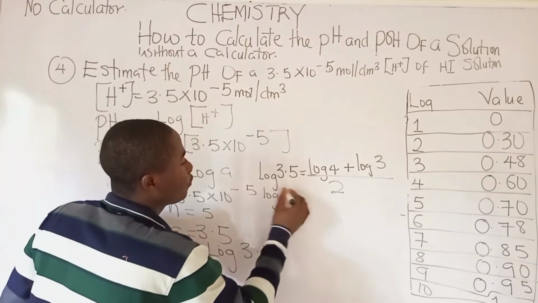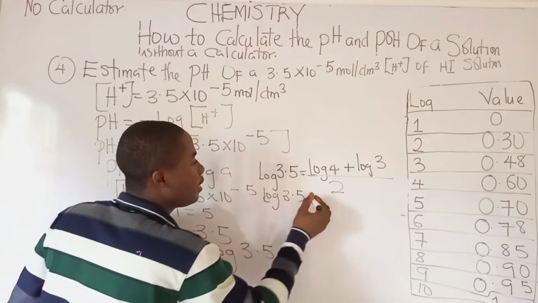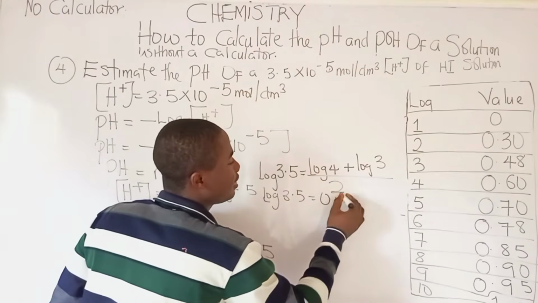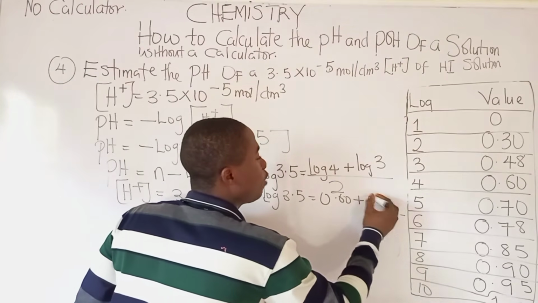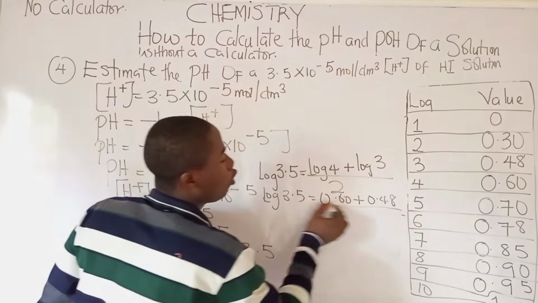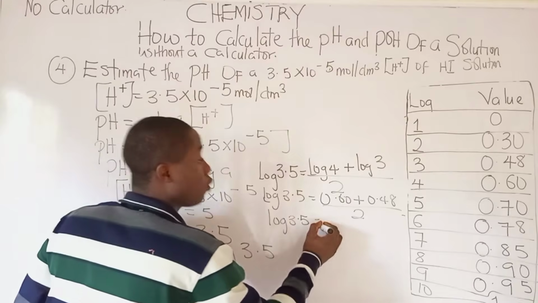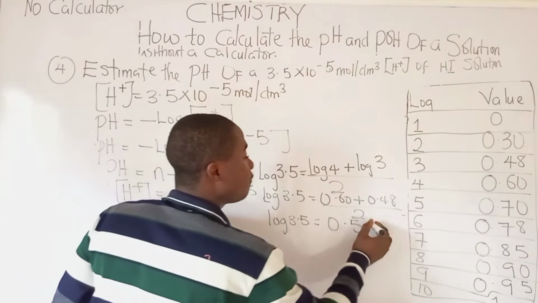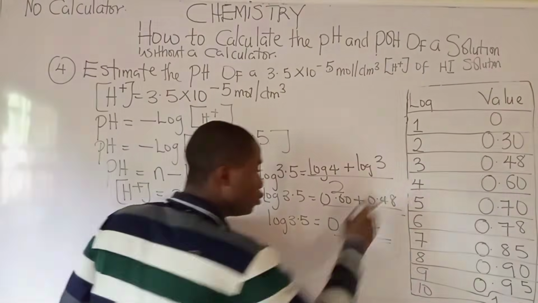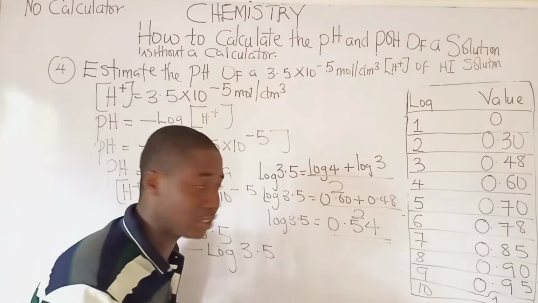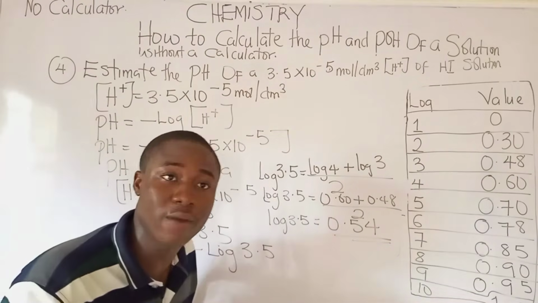So log 3.5 will be equal to, what's log 4? That is 0.60, plus log 3, 0.48, all over 2. That gives 0.54.